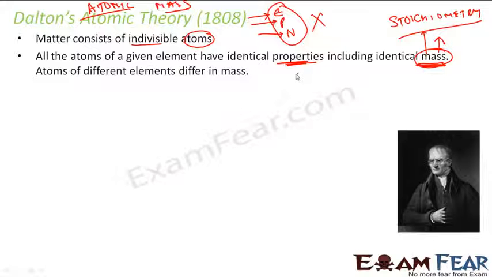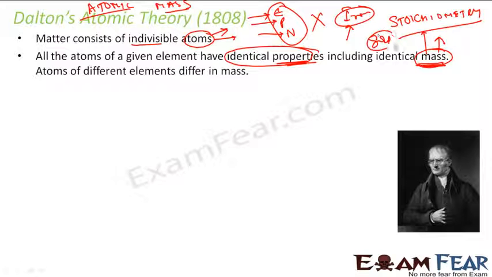So what Dalton told in 1808 was that matter consists of indivisible atoms, and these atoms have identical properties including mass, identical chemical properties and the mass. If you take iron, all the atoms in the iron will have similar properties and similar mass.